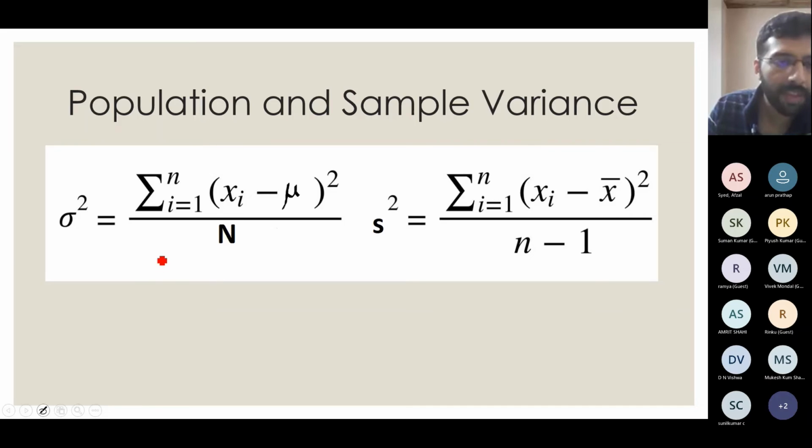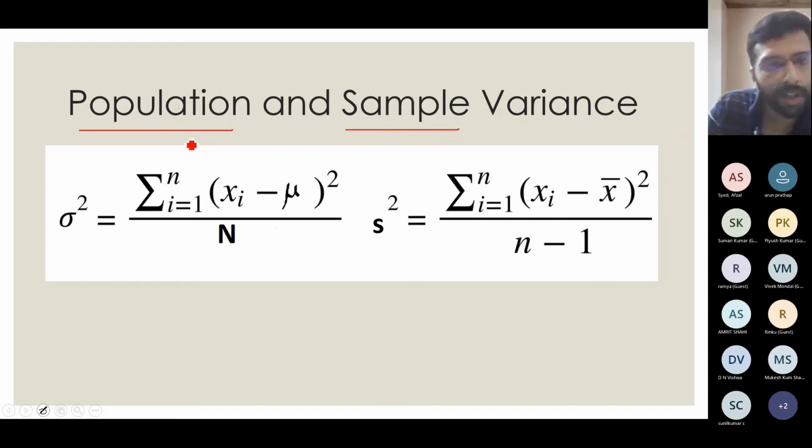So basically, this is something very important, because when we go to the next class, sampling distribution and all, we will be seeing the concept of population and sample very much.